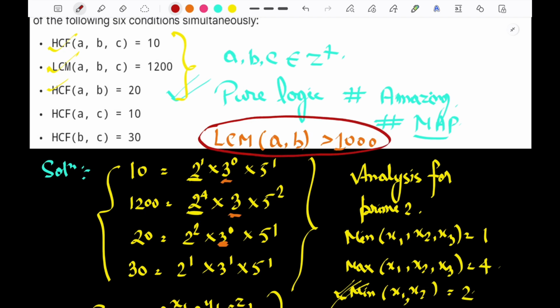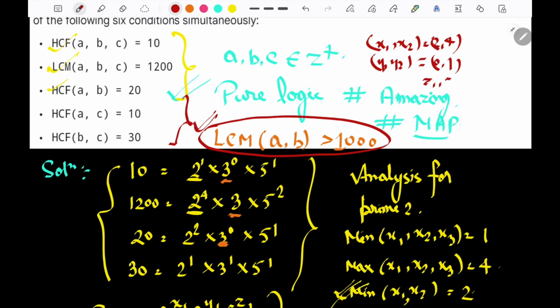So is this justified? By all these 5 cases, will the 6th case always be true? Actually it will be. So that's why I didn't discuss LCM of A, B being greater than 1000. How? Let's see. Suppose exponents of x1, x2 were minimum 2, 4, y1, y2 were say 0, 1, and z1, z2 were 1, 1.